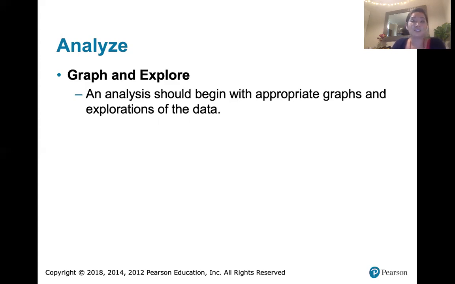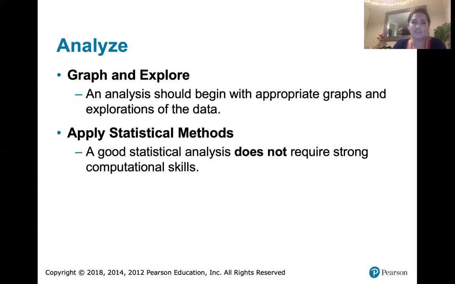It starts to make more sense. So we're going to create graphs with data, never create data, and we're going to explore that data as the beginning step in analyzing the data from our sample.